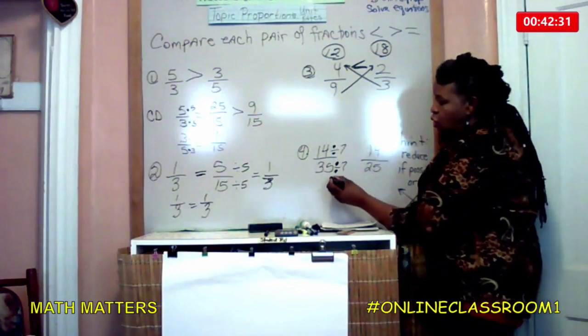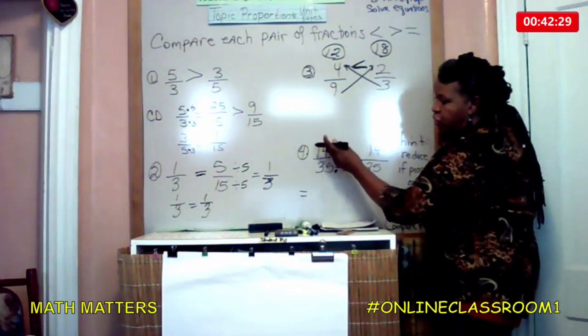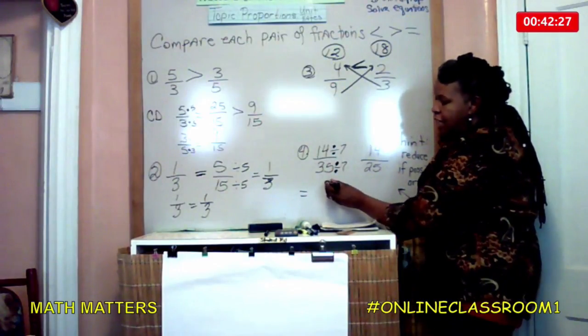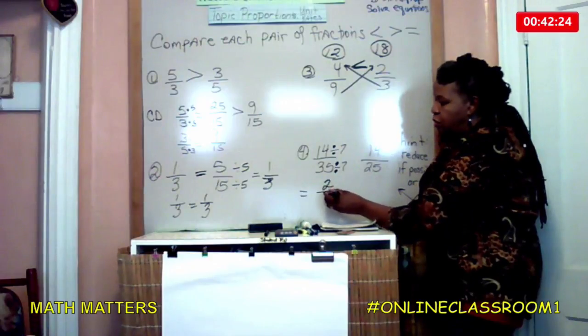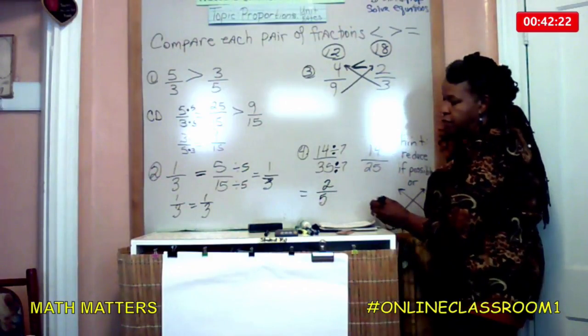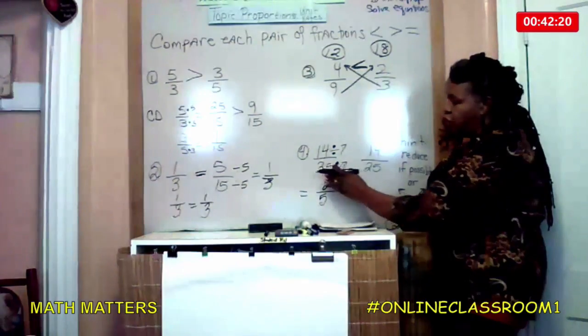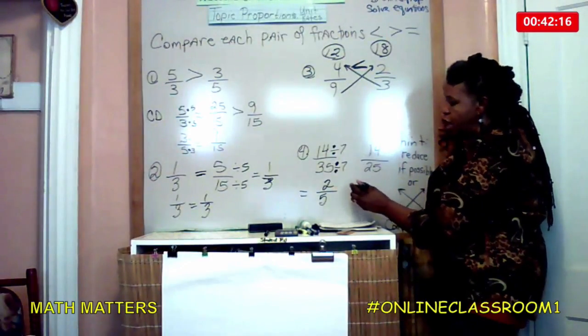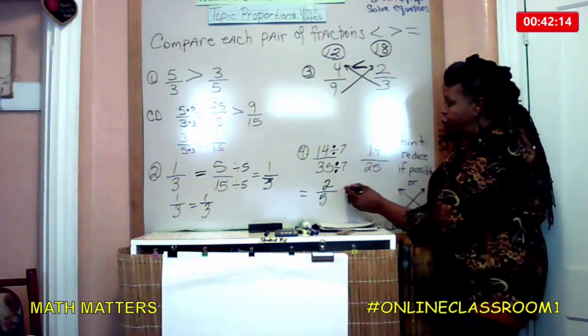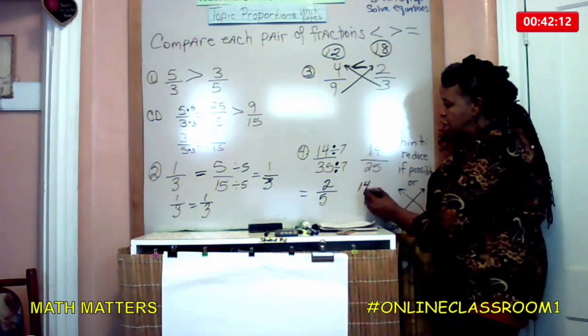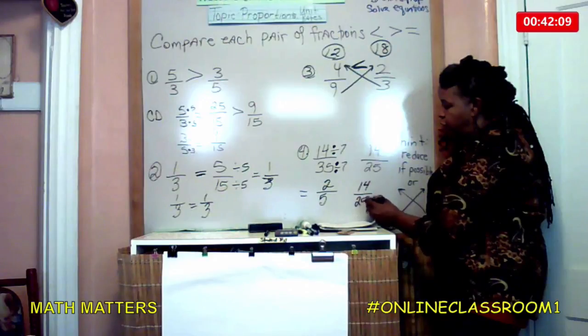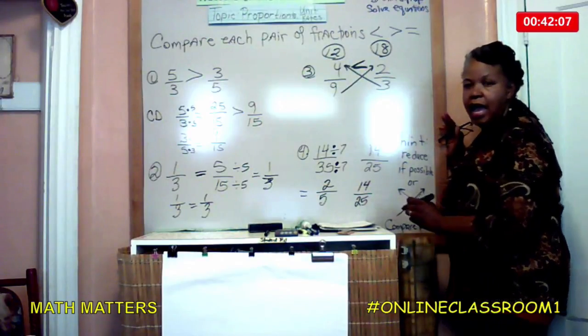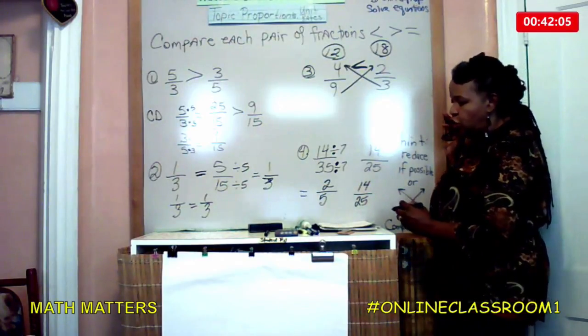So this fraction, 14 over 35, is equivalent to 2 fifths. 35 divided by 7 is 5. 14 divided by 7 is 2. Now I can compare that equivalent fraction to 14 over 25. And which one is larger?